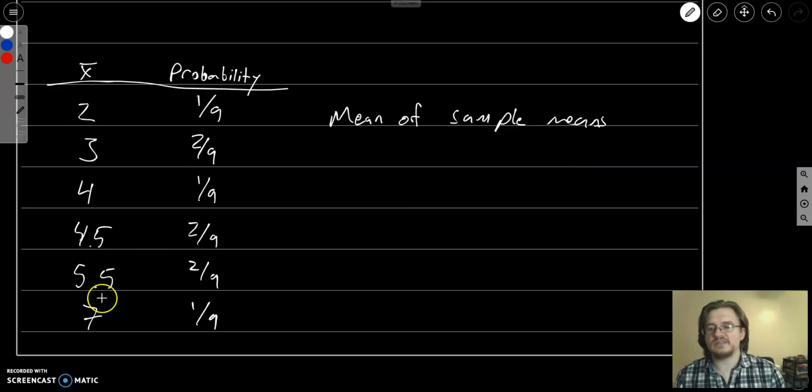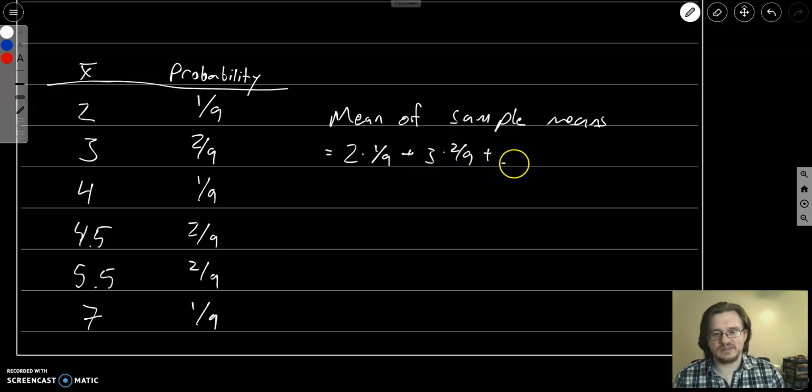we're going to take each one of these values and multiply it by its probability. So this is going to be 2 times its probability plus 3 times its probability plus all the way down to the last one times its probability.